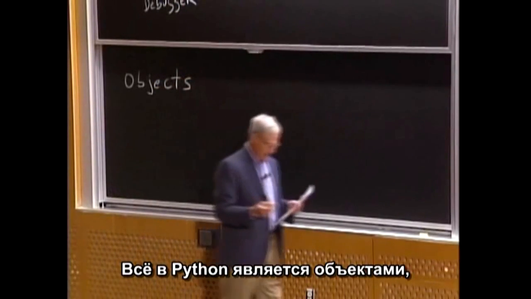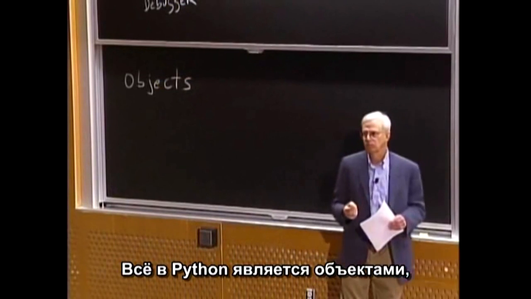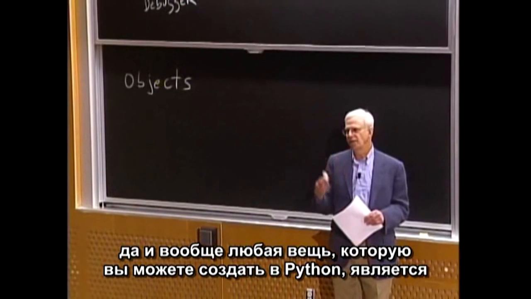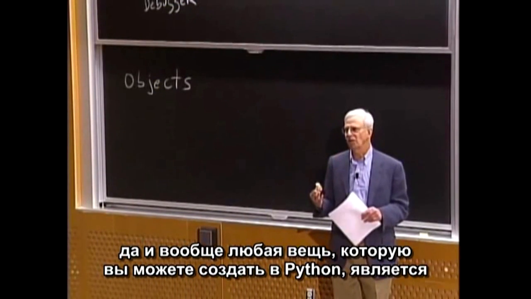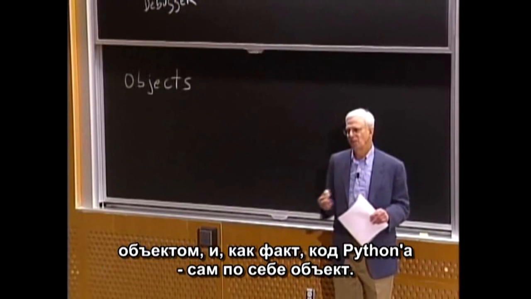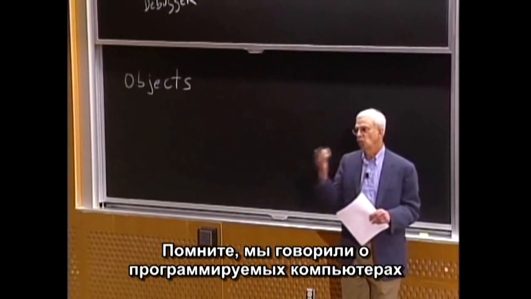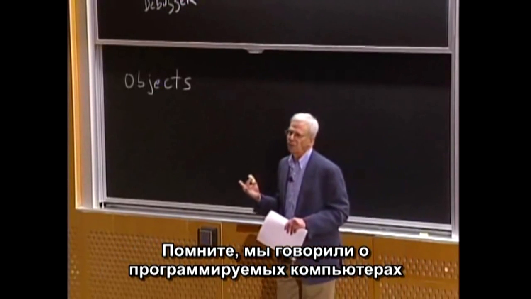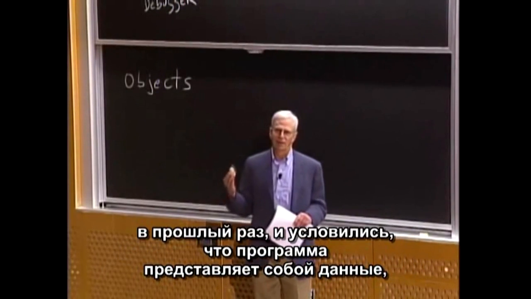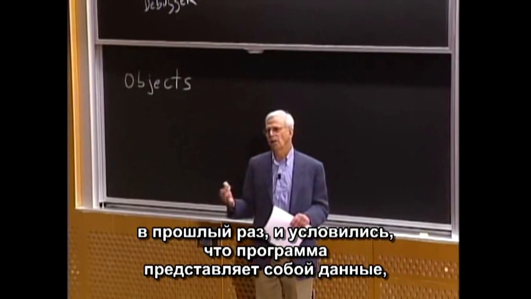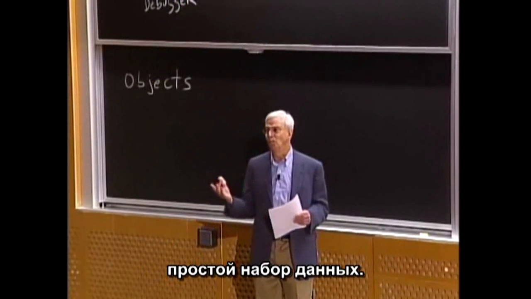Everything in Python is an object. So every kind of entity that you can create in Python is an object. And in fact, Python code itself is an object. You remember we talked about stored program computers last time, and the concept that a program is data, just like a number is data.